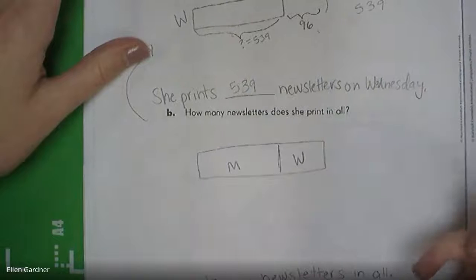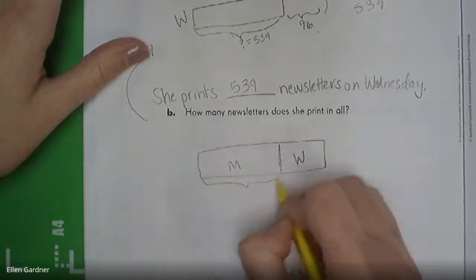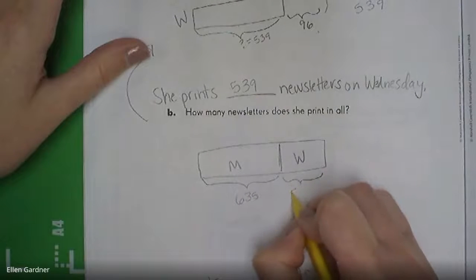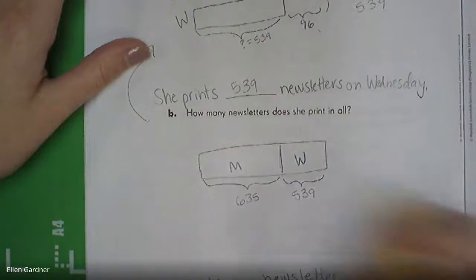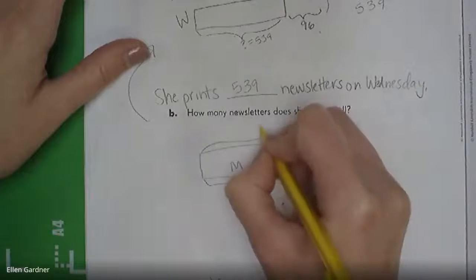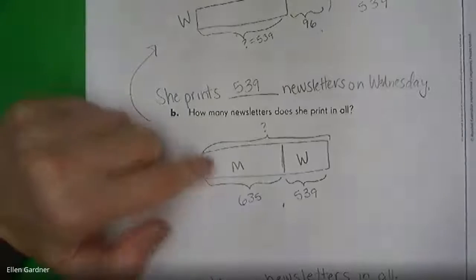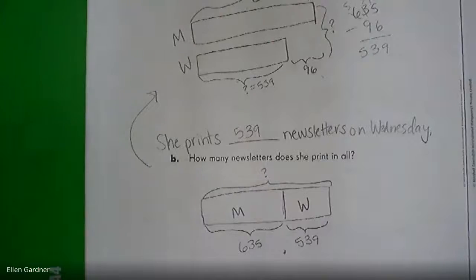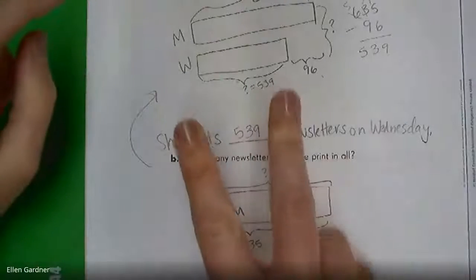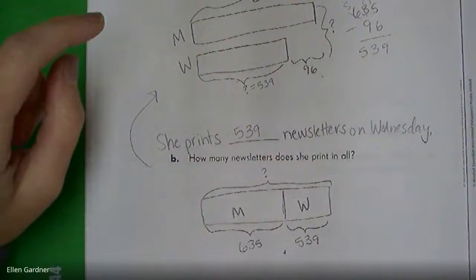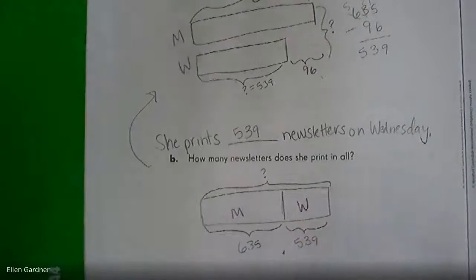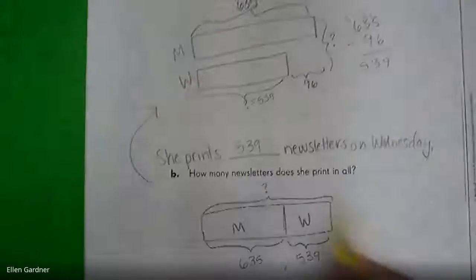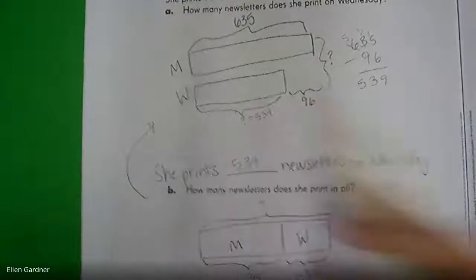Monday, Wednesday, 635, 539, and finding the total. Whether you do this or this, either way, you've got two parts that you're trying to add to come up with the whole. So you'll add these two numbers. Either way you do this. This just happens to be a little simpler because you don't have to draw anything extra.